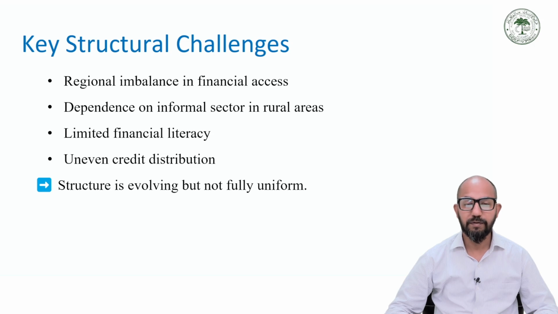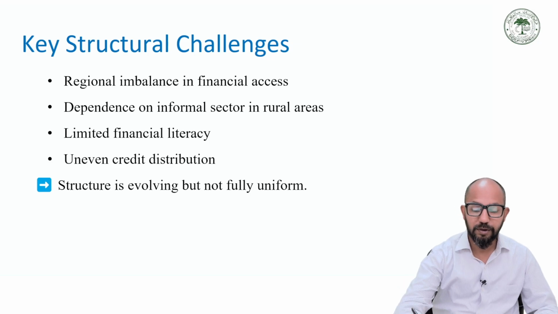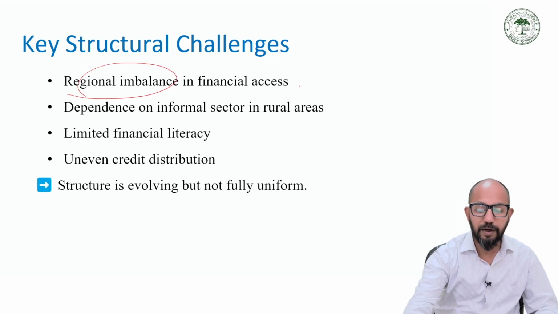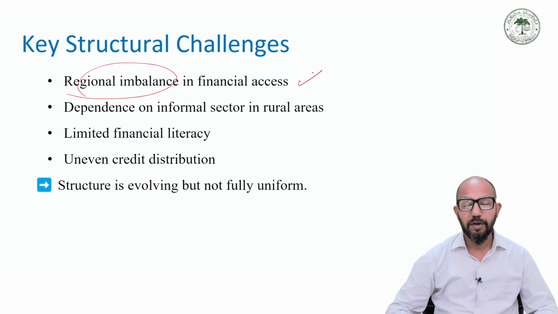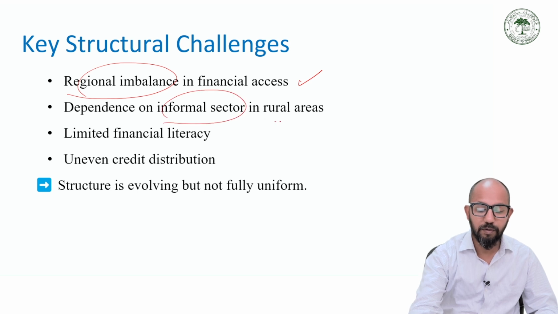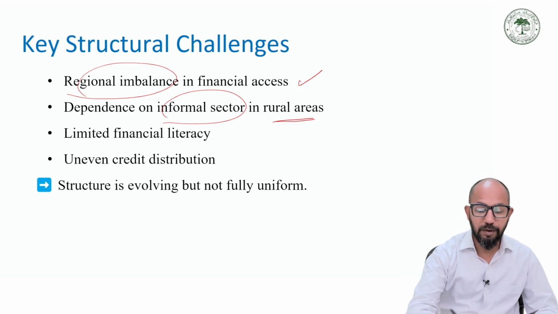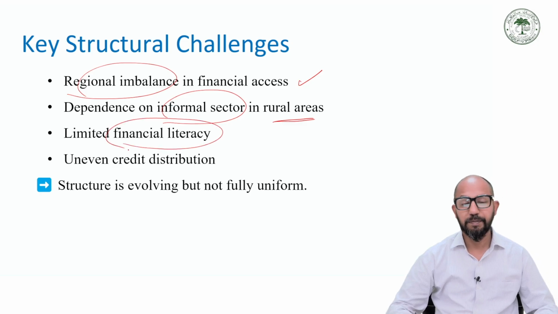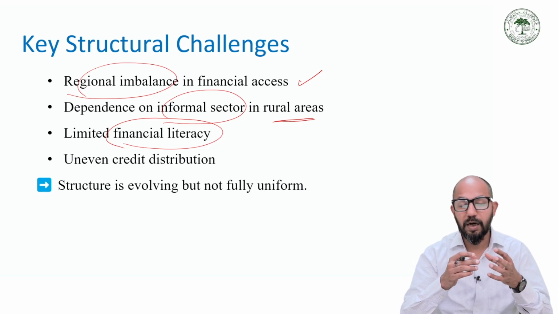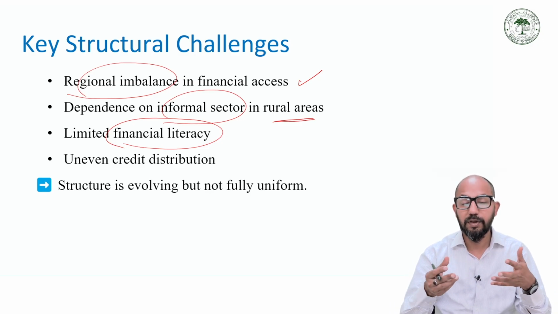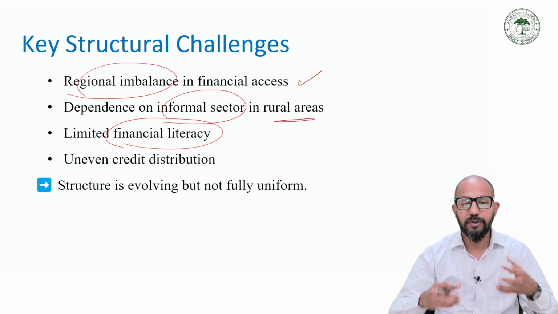Still, India being a developing country, there are several challenges for the Indian financial system. The first challenge is regional imbalance in financial access between different geographical regions within India. The second challenge is dependence on the informal sector in rural areas. The third important challenge is limited financial literacy. People in rural areas, and in some urban areas, do not understand the structure of finance, the financial risk, or financial products.